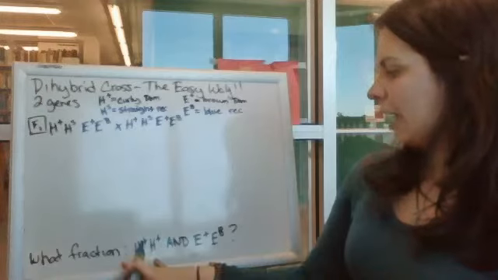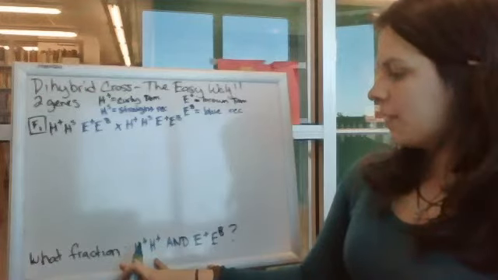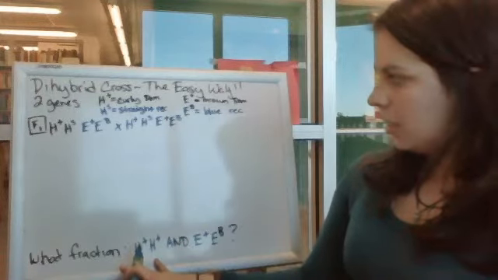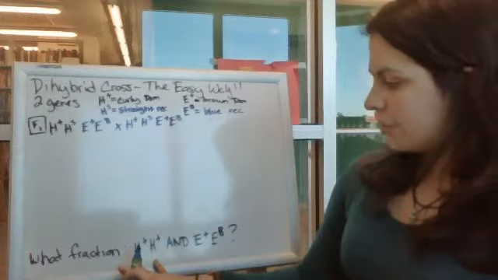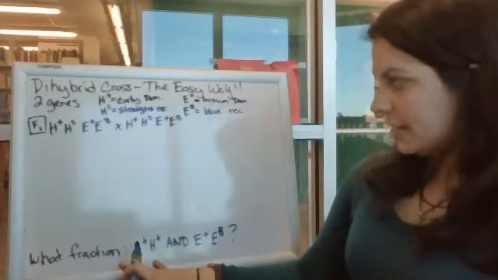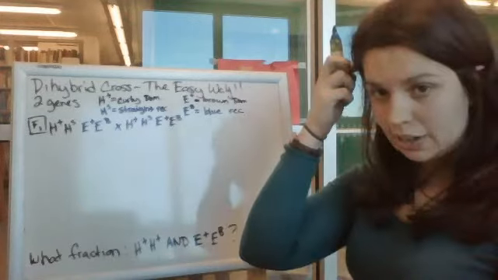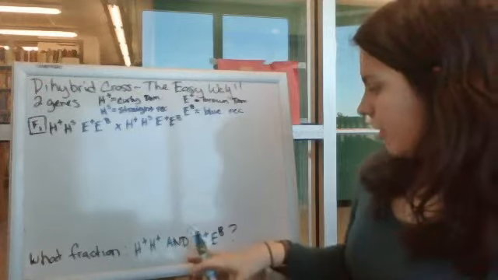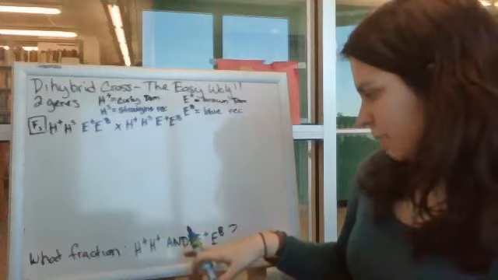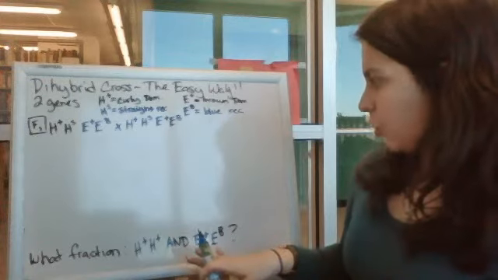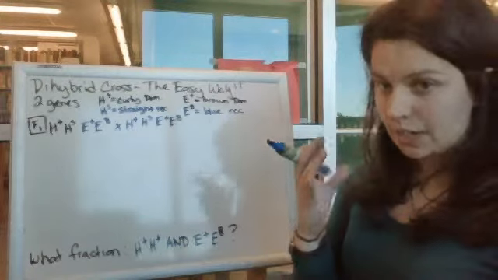And so now we're looking at what is the probability that you get an offspring that is homozygous dominant for the curly hair, and then heterozygous, E plus EB, for the brown eyes. So they're heterozygous brown eyed.